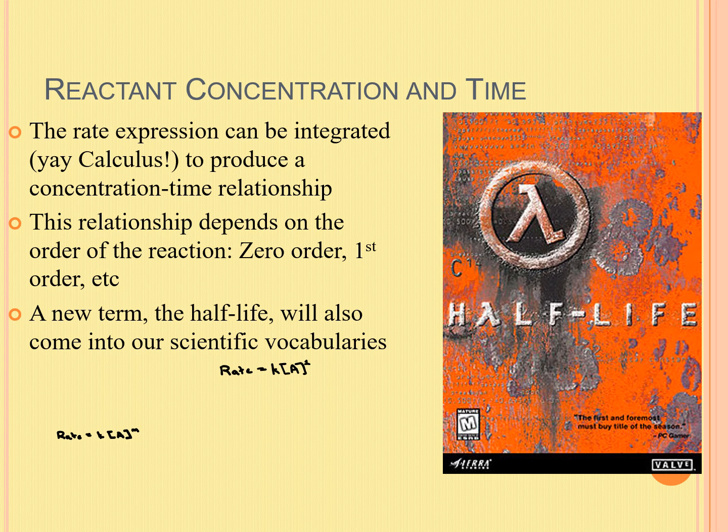But this is our rate expression, where we're saying rate is equal to something. And so we can then integrate this. And depending on if this is zeroth order, second order, 15th order, whatever it is, when we integrate it, we're going to get a different value out of it.